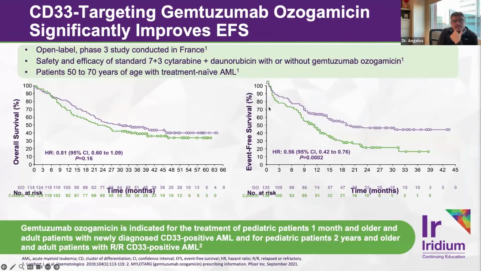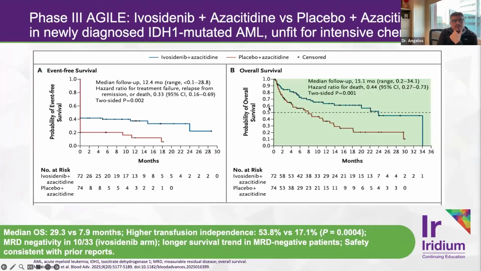I think in the interest of time, I'm going to skip over some of the data with gemtuzumab in the upfront setting. The AGILE study was a randomized phase 3 study that looked at combination azacitidine with ivosidenib to target IDH1 mutated AML.